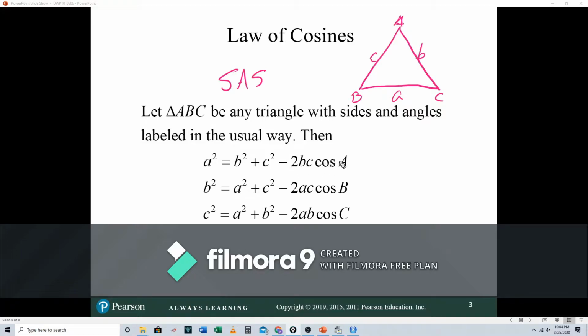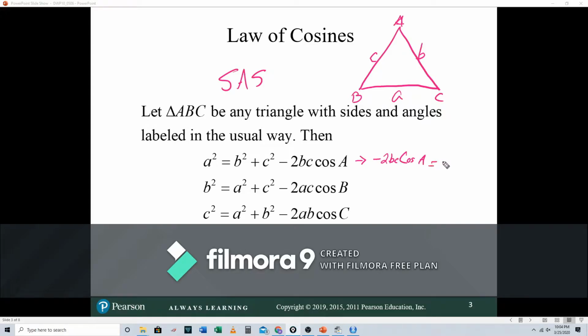Let's say I'm trying to find angle A. To isolate cosine, I'm going to get rid of the b and the c. So this is going to become negative 2bc cosine of A. I'm just going to write a capital C for cosine so you can differentiate it from lowercase c. It has no other meaning other than just letting you know they're different c's.